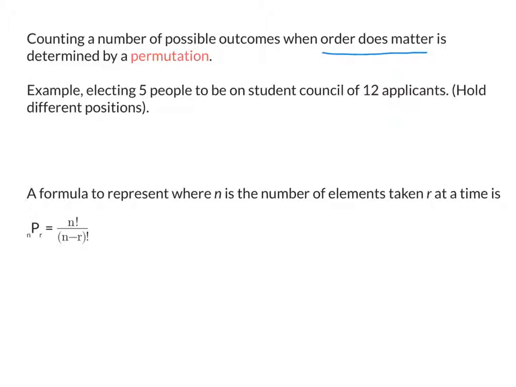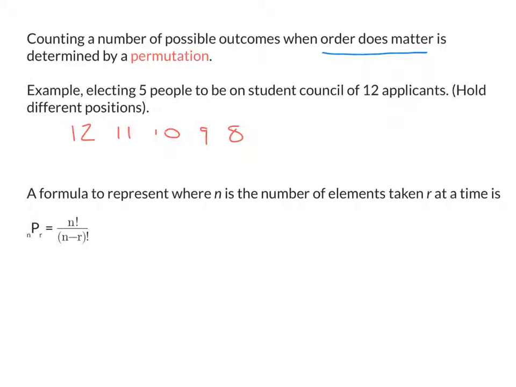So when we have 12 applicants, let's say the first position we elect is president. Now, there are 12 different people to choose from to be president, then 11 people to be vice president, then 10 to be, let's say, secretary, treasurer, and historian for the last elected position here.